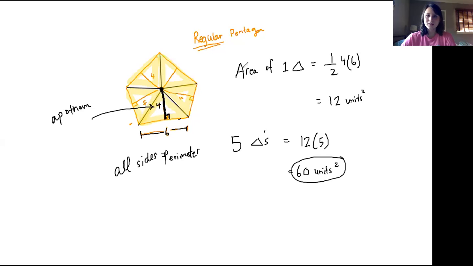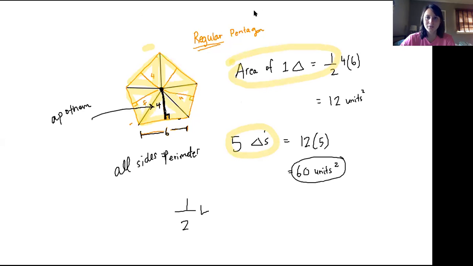So what I realize is, instead of having to split up this equation into two parts and say, step 1, find the area of the triangle, step 2, multiply it by 5, I could probably combine these two equations and just say 1/2 times the height of the triangle, so the apothem.